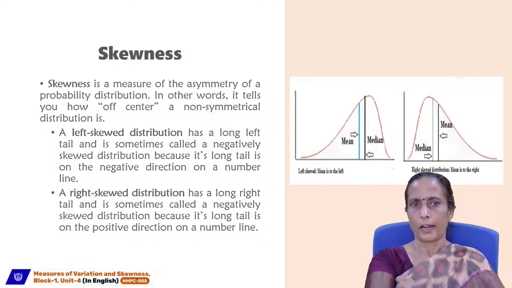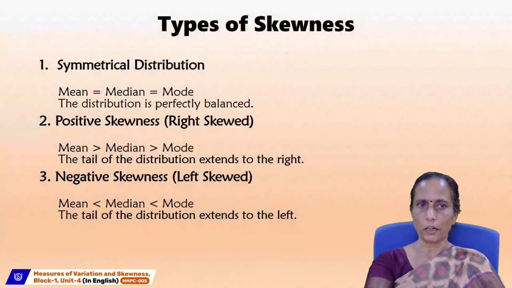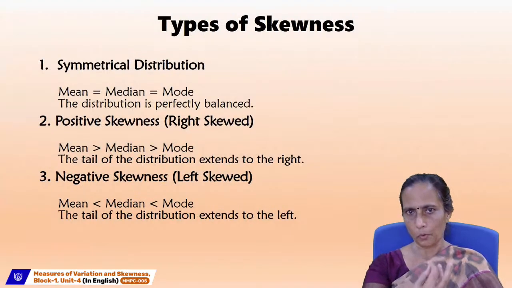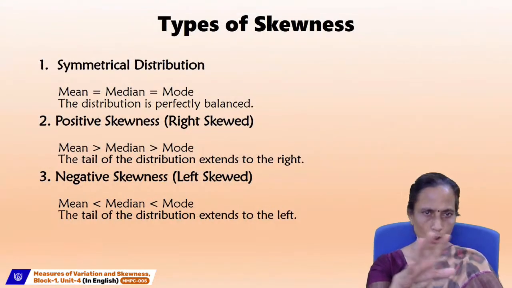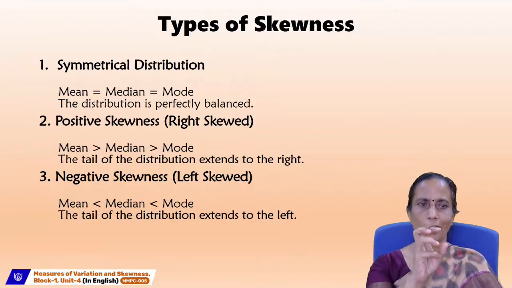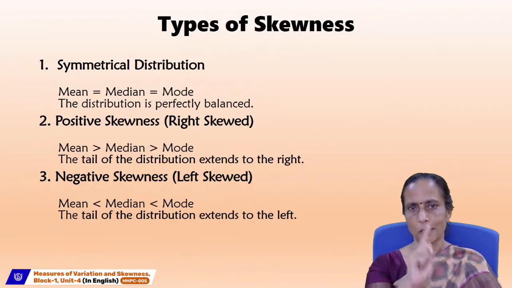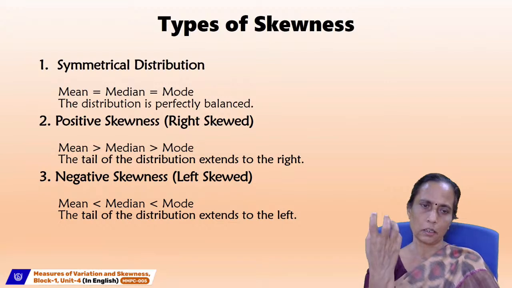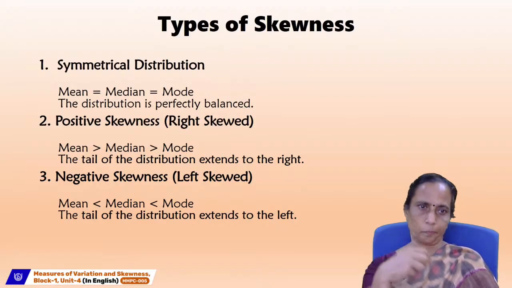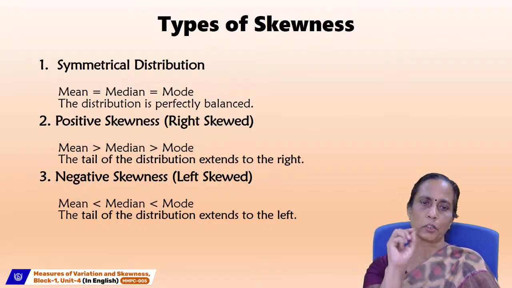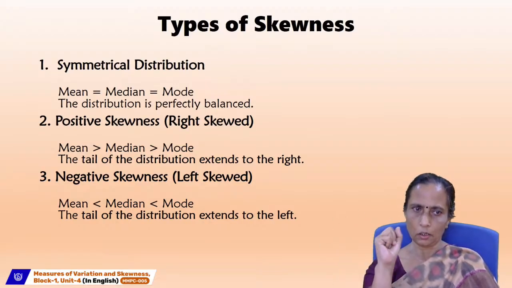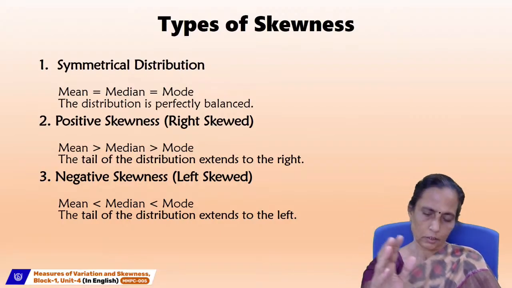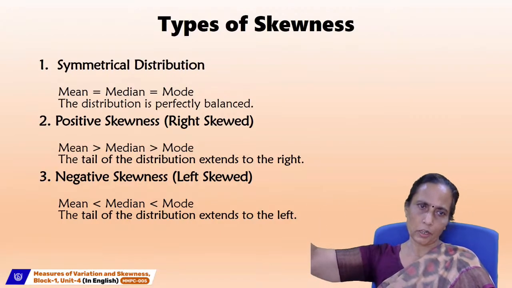And the types of skewness that we said: number one is the symmetrical distribution. That means it is not skewed, or zero skewed. In this case, it is a perfectly balanced distribution, and in a symmetrical distribution the mean, median and mode are equal. Whereas in positive skewness or right skewed, your tail is towards the positive side of the mean.